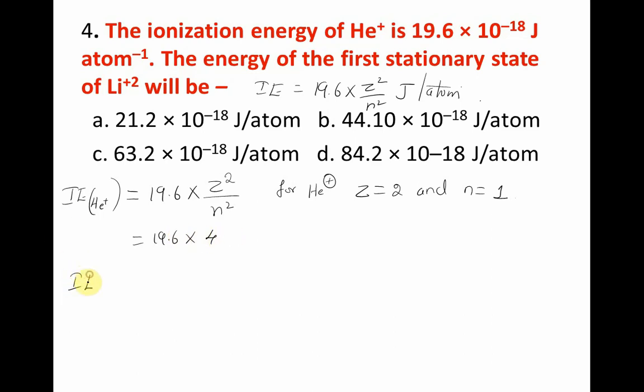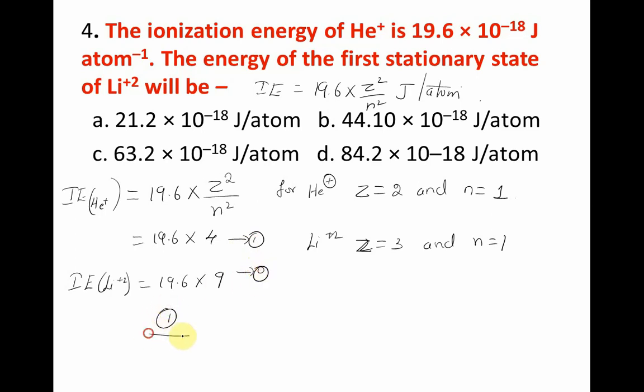Similarly, the ionization energy for lithium Li 2 plus is equal to 19.6 into Z square. For lithium ion, Z is equal to 3 and n is again equal to 1 only. Z equal to 3, therefore 9. So this is considered as equation 1 and this is considered as equation 2.